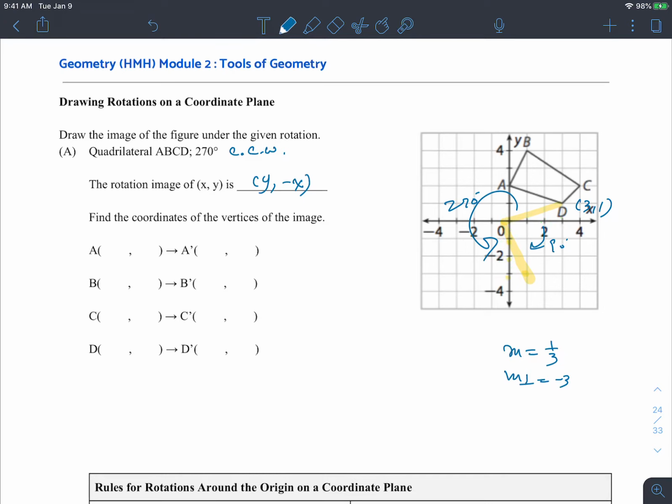Okay, let's write this out, maybe we can see that better. So that was (1, -3) from D, right? It looks like we swapped these two, and I negated the second one. And if you do that a couple of times, it kind of makes sense.